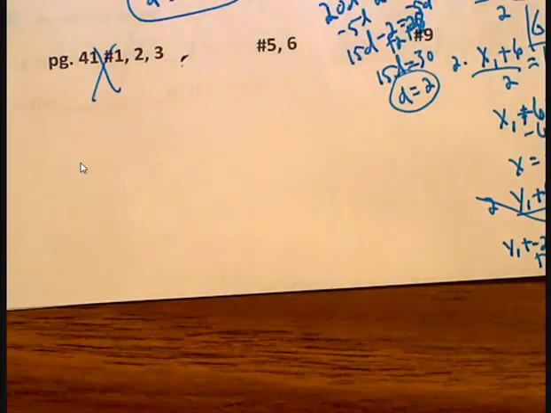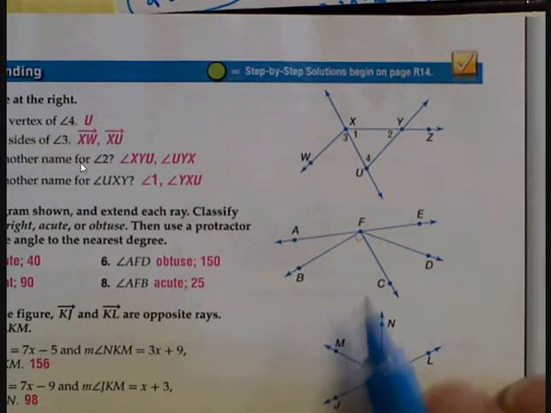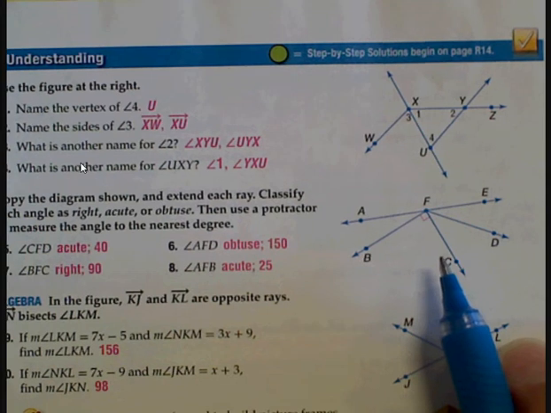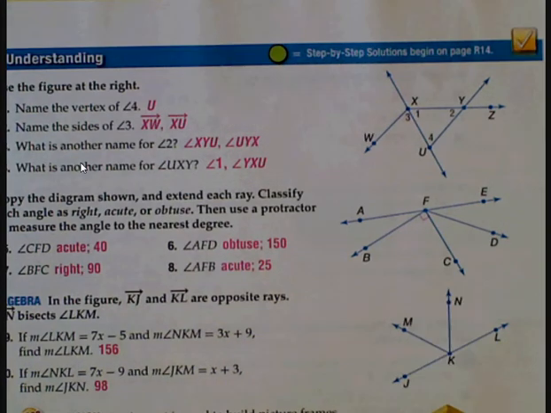Now we got to do number 5 and 6. So here is the diagram. Okay, I have to identify what the angle is, and then I have to use a protractor to see what the measure is.